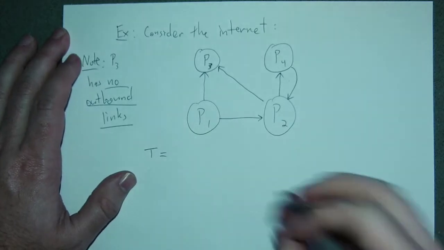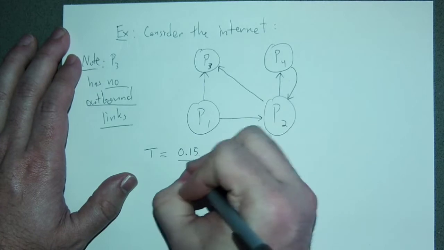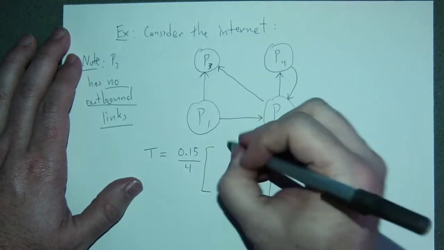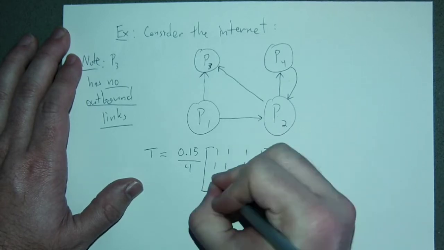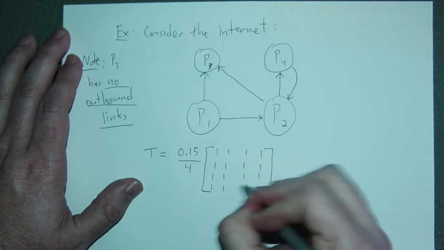My transition matrix, again, this left term is actually easy to determine. This left term is my matrix full of 1s. Why is there a 4 there? This 0.15, you know where that comes from.